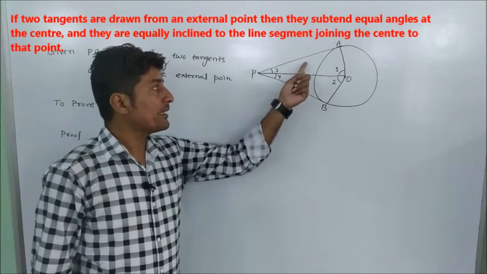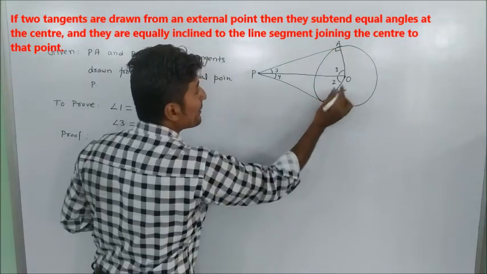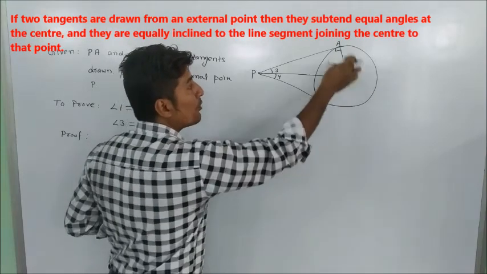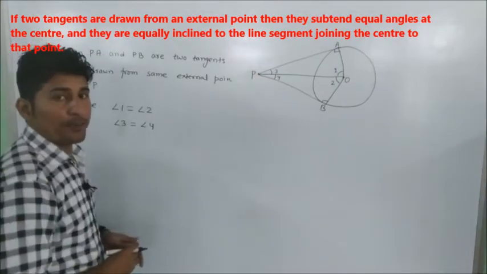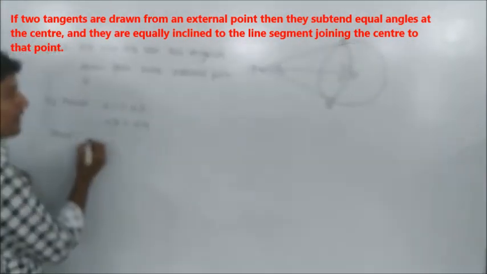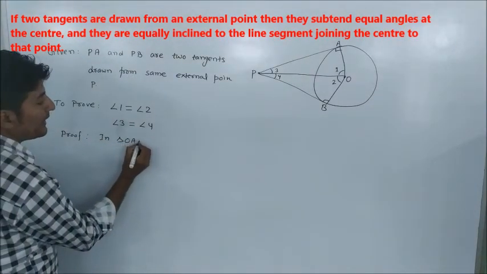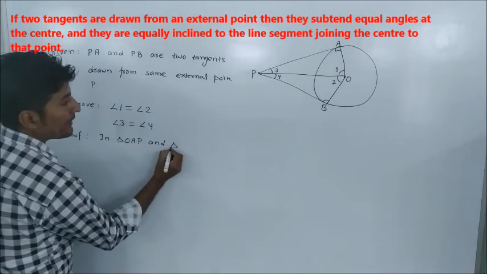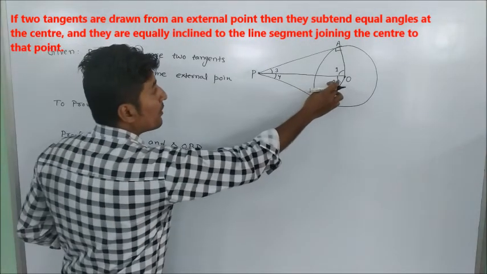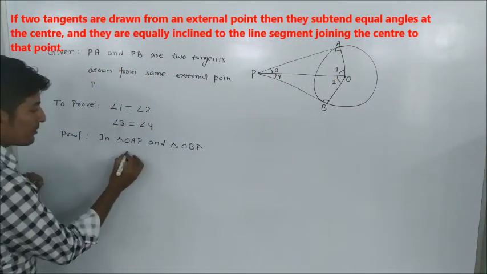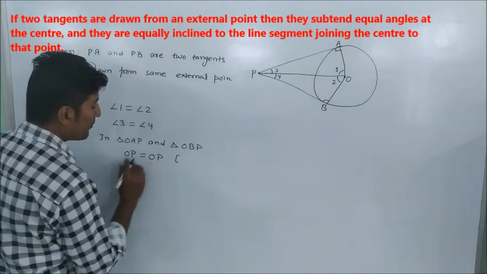In proof, again we will consider these two triangles. First triangle is OAP while second triangle is OBP. As I said, OA is always perpendicular to PA. Radius is always perpendicular to the tangent. So here we can write in triangle OAP and triangle OBP, OP is common in both the triangles, so we can write OP equals OP because this is common.